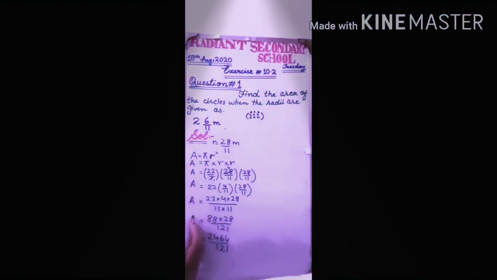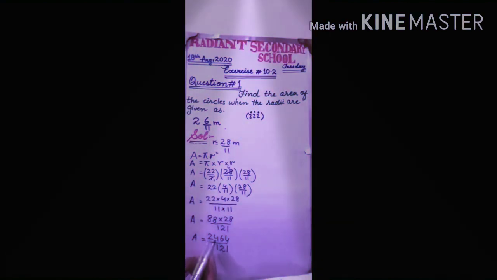So you have to write A like this. Okay, when we divide 2464 by 121, the answer comes in decimal, 20.36. I have divided 2464 by 121, the answer is 20.36, and you have to write the unit of area, meter square.